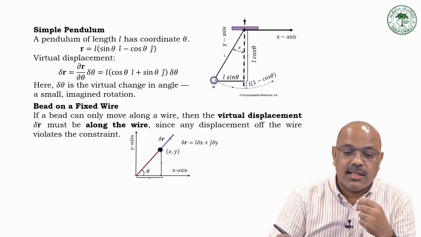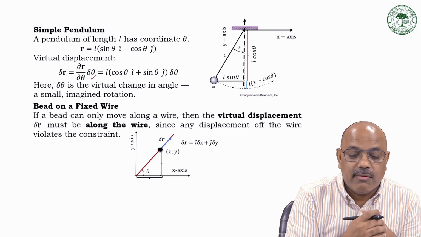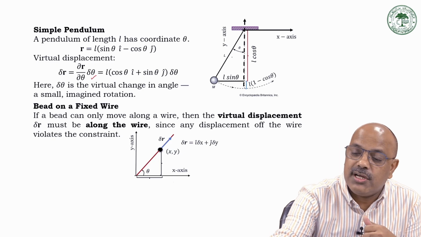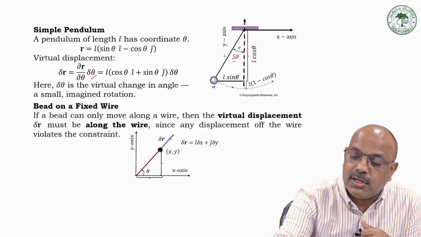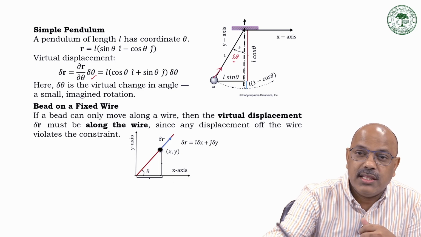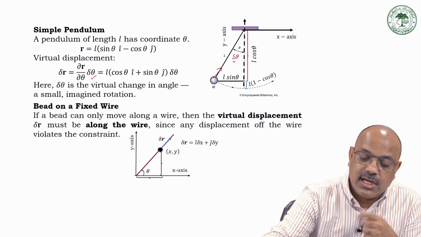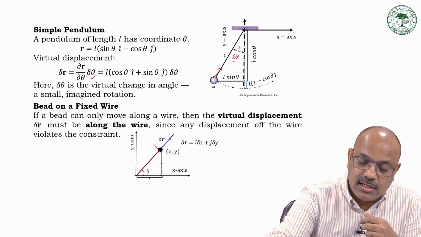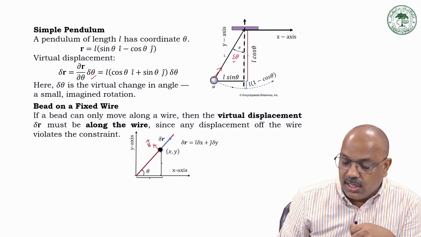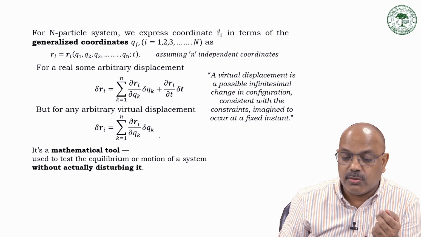If you remember, delta theta is my virtual displacement, the infinitesimal oscillation of the pendulum, because of the tension force in the string, which is a constraint force. Similarly, in the case of the bead, the constraint force is the normal force, and because of this the work done in this virtual displacement is going to be 0.